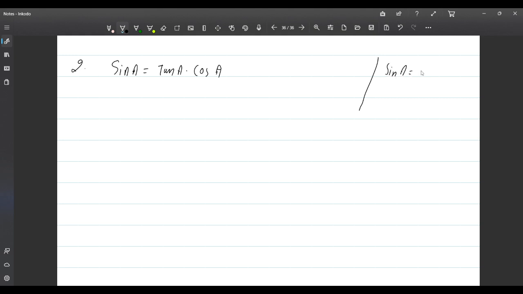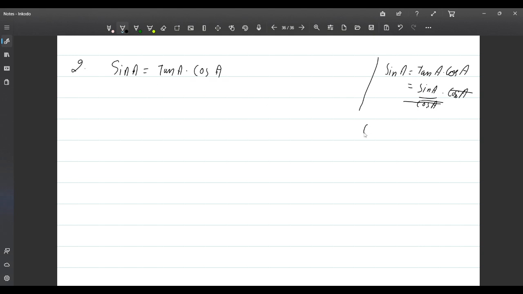Sin A is equal to tan A into cos A. So tan A is sin A upon cos A, and if we multiply this with cos A, so that is equal to sin A. So we can write this sin A is equal to tan A into cos A.